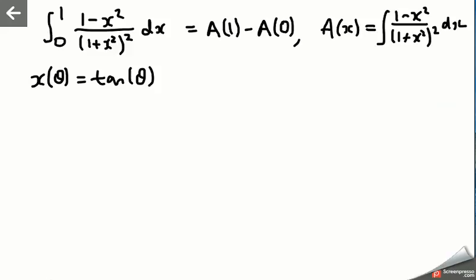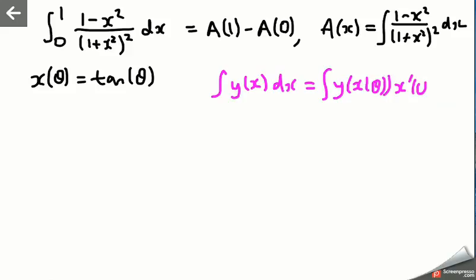Let's recall our rule so we don't forget the theorem of integration by substitution. The theorem goes like this. The antiderivative of the function y of x dx is equal to the antiderivative of the function y of x of theta times x prime of theta d theta.